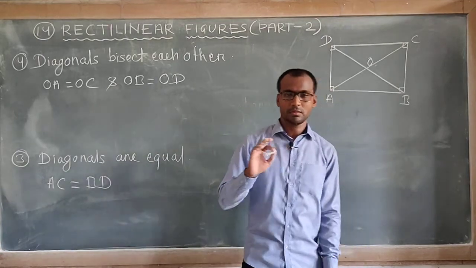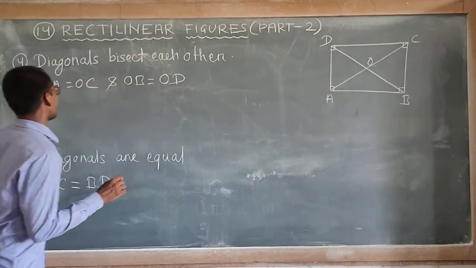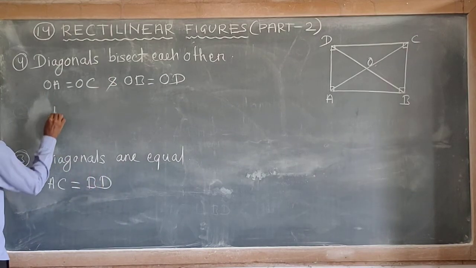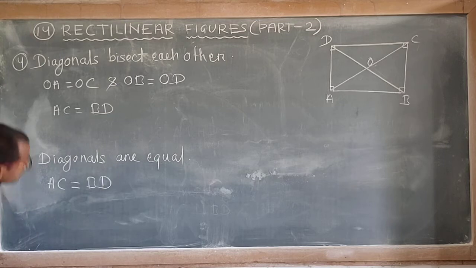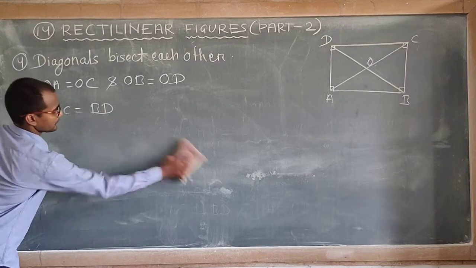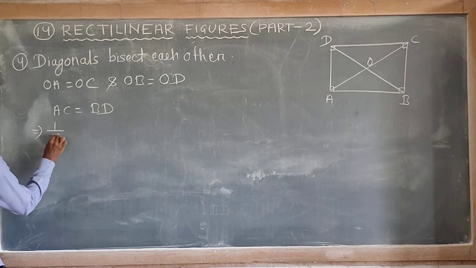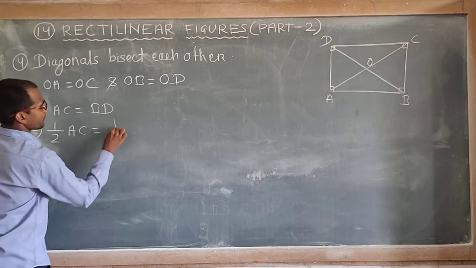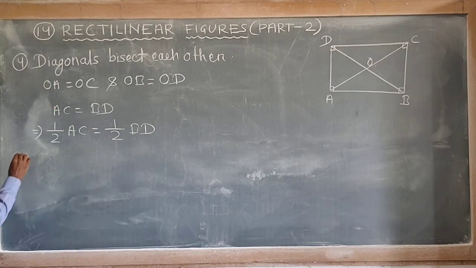In fact, since the diagonals are equal, that means AC is equal to BD. Then we can say half AC is equal to half BD. Now what is half AC? OA and OC both are half of AC.